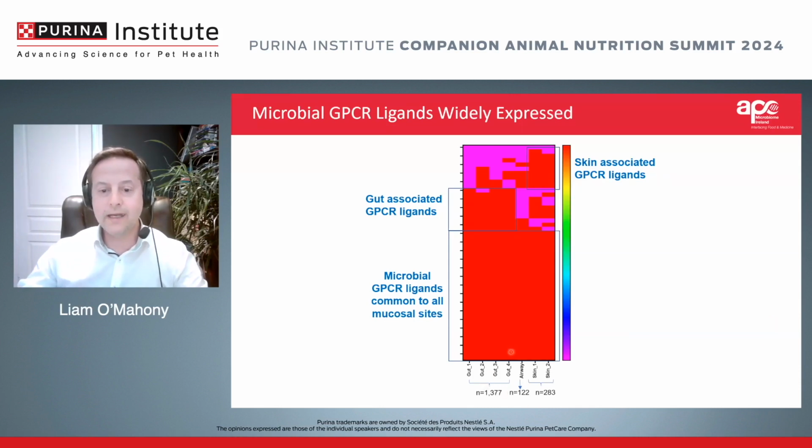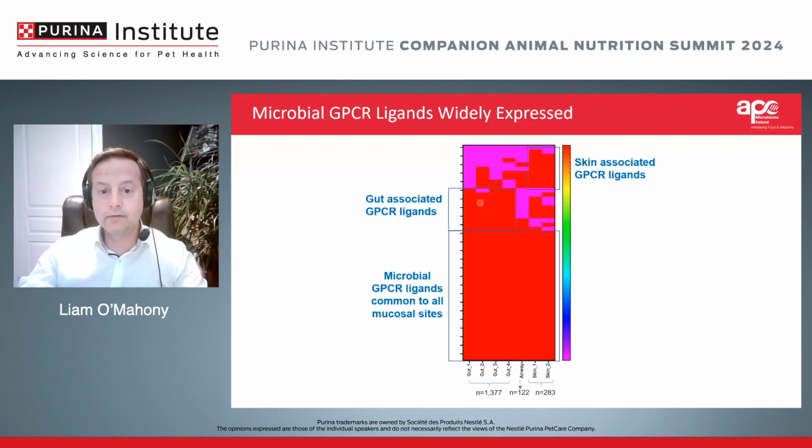So red here just means present and blue means absent. But you can see in data sets from over 1,300 individuals for gut samples, 122 airway samples, and 283 skin samples, about 60% of the ligands are present at all body sites. So that suggests to me that these are really important for immune function and immune regulation at multiple body sites.